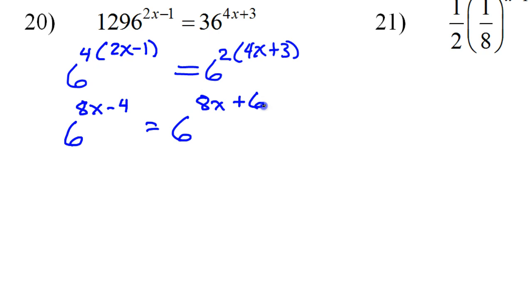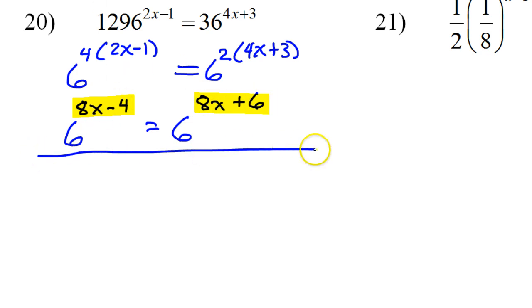This is going to be very, very interesting. Anyway, if the bases are the same, then the exponents must be equal. But something strange happens. If I set these equal to each other, so I've got 8x minus 4 is equal to 8x plus 6.